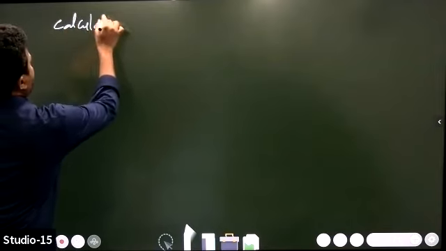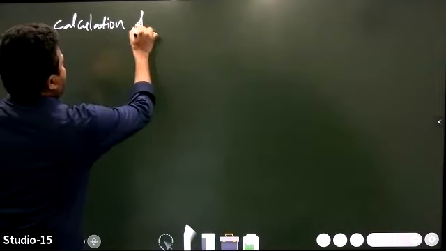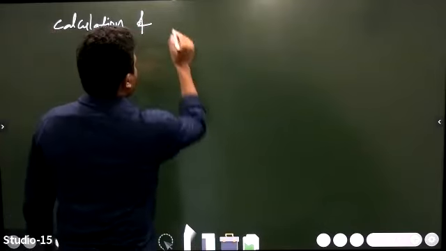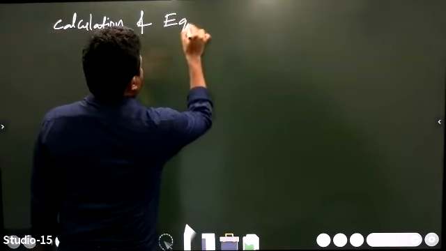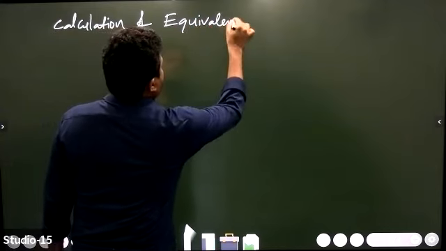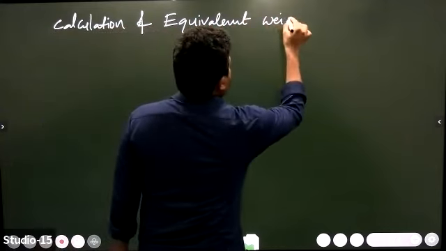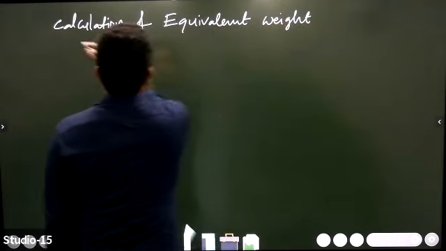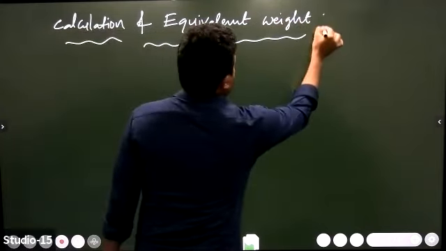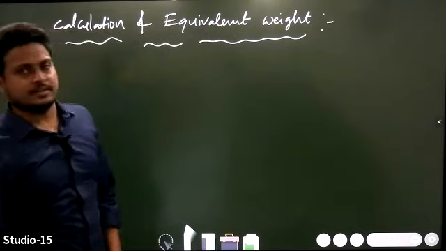Today we will discuss the most important basics, that is how to calculate the equivalent weight of given substances. Calculation of equivalent weights of different substances.